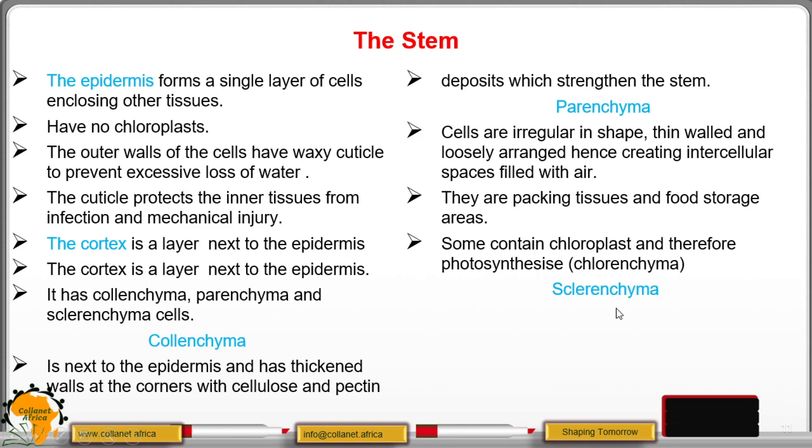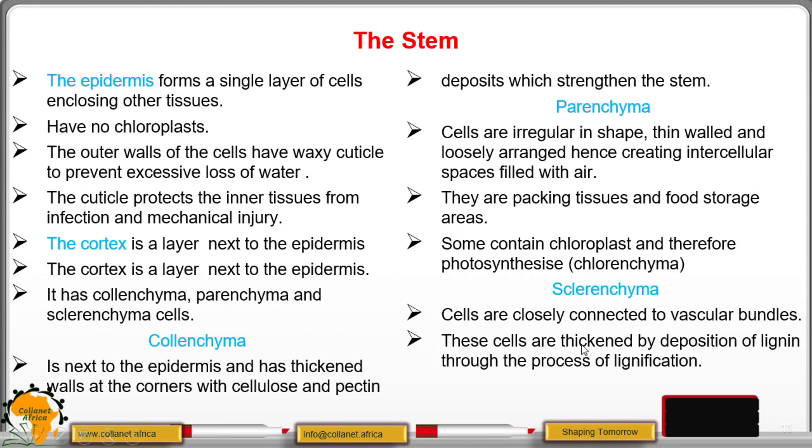Next is the sclerenchyma tissue, and the cells are closely connected to the vascular bundle, thickened by deposition of lignin through the process of lignification. Its purpose is strengthening.